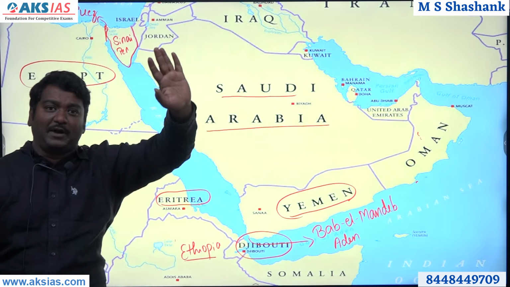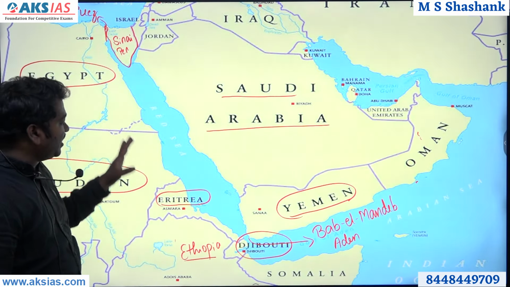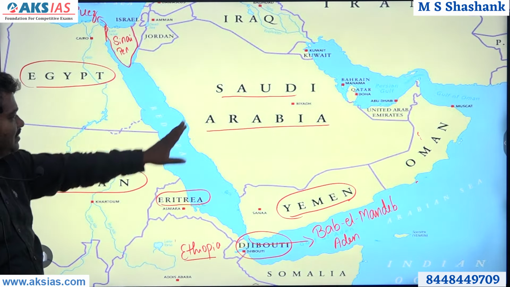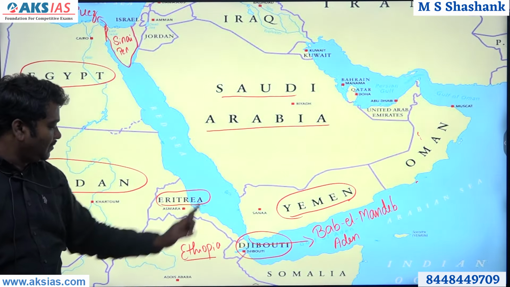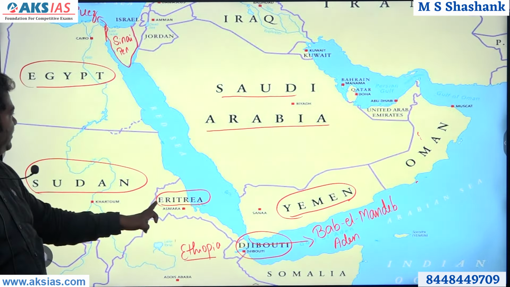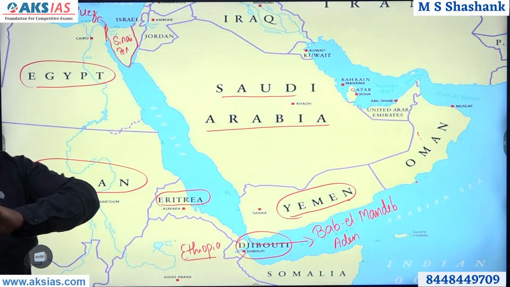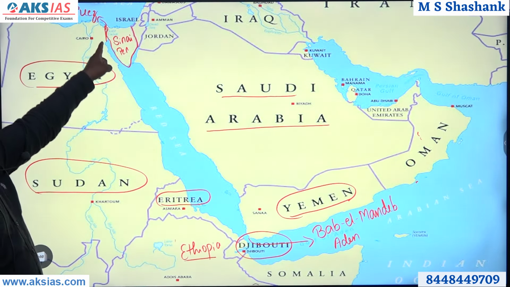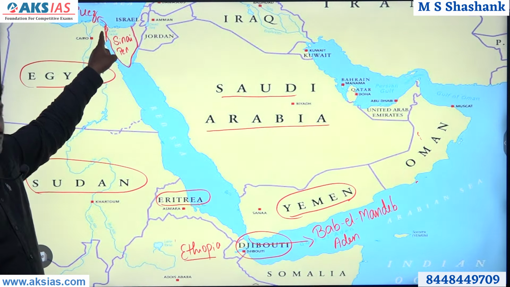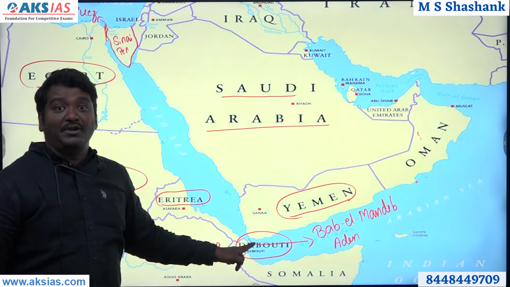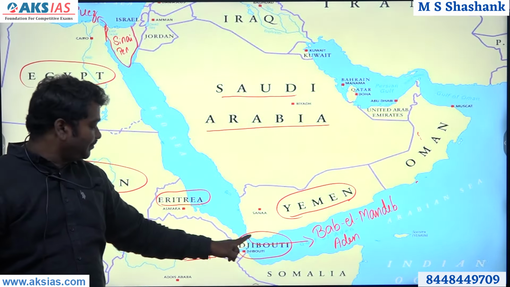That aspect I'll deal separately. But when I'm talking about the Red Sea, Saudi Arabia, Yemen, Djibouti, Eritrea, Sudan, Egypt, mandatorily I should know. Red Sea, Suez Canal, Bab el-Mandab, very, very important.